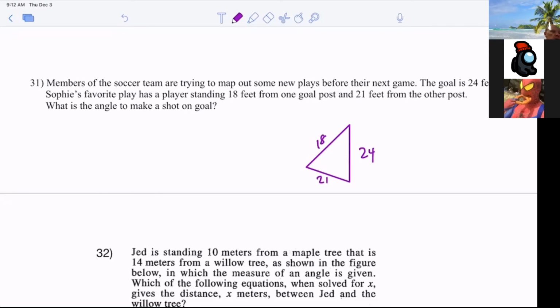What is the angle to make the shot on goal? She can kick it at any of these angles and it would make the goal. So this would just be 24 squared is equal to 18 squared plus 21 squared minus 2 times 18 times 21 times the cosine of the unknown angle.